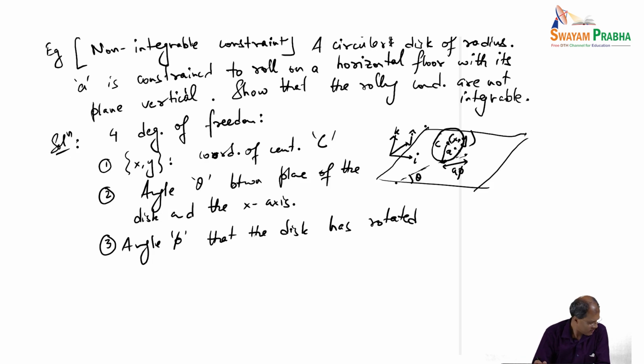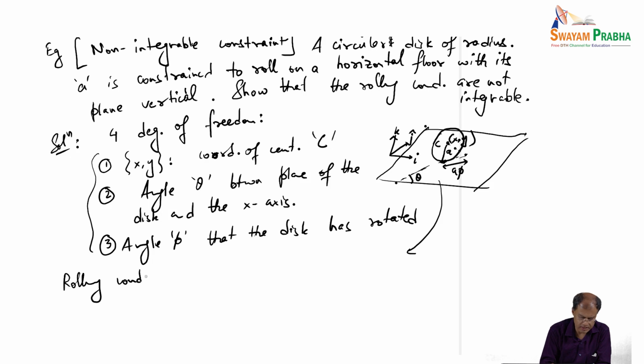So that's it. Based on this diagram, we can quickly write down the rolling condition. The contact particle should have 0 velocity.